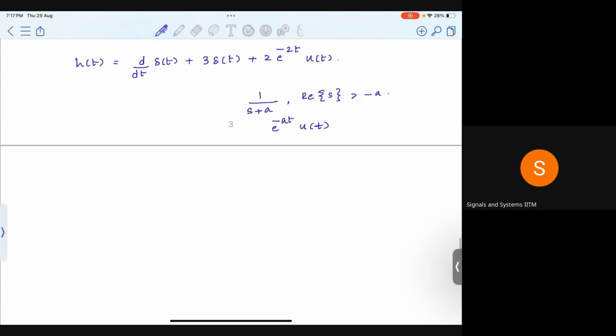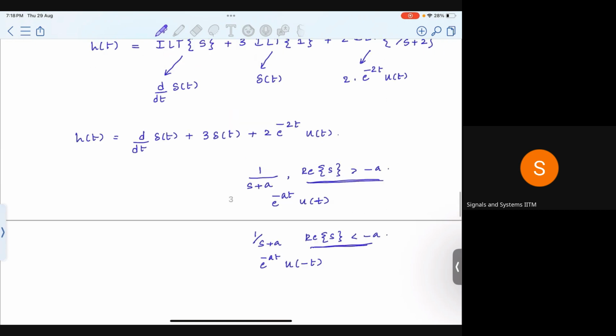Or if you have the other case, 1 by s plus a, if the real part of s is less than minus a, then the ROC should give a left-sided signal. So e power minus at u of minus t. So you have to be very careful with these things. Check for the region of convergence when you're trying to invert things like 1 by s plus a.